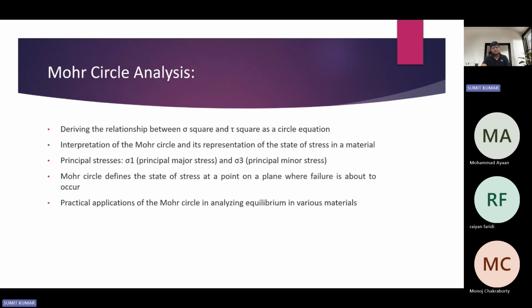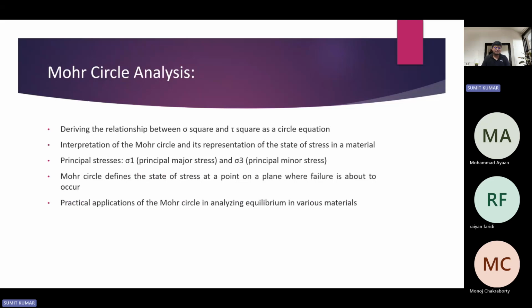Right. Now, talking more about this Mohr circle analysis, deriving the relationship between the sigma square and the tau square as a circle equation. So let's understand something.